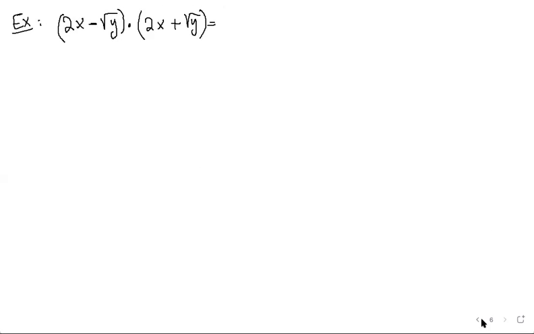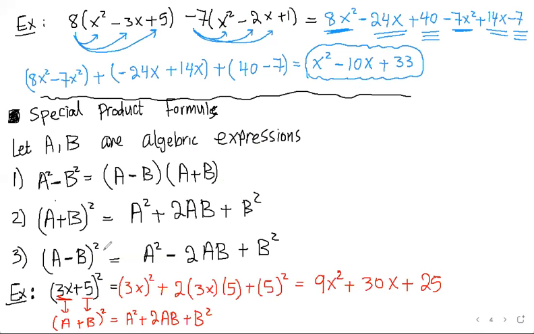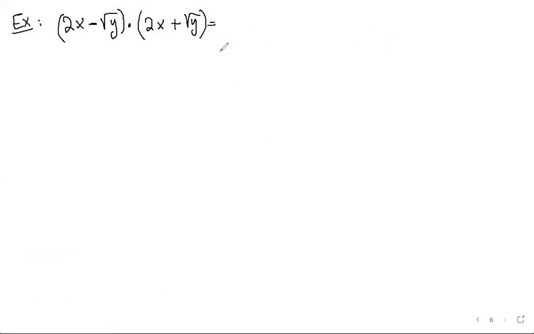By using this property here, how can we solve this example? How can we solve it?